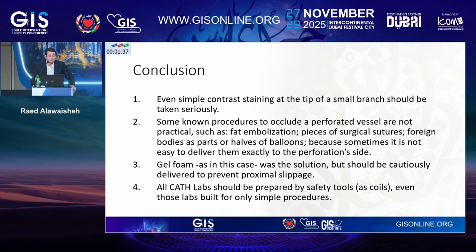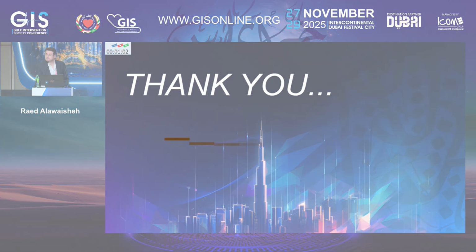So my conclusion from this case, what I learned, is that even a small branch can cause fatal problems, and a small stain should not be ignored and should be kept under close observation. Many of the techniques used to close the exit perf failed, and maybe gel foam was the last solution when you don't know exactly where the perf is. And all cath labs should have safety measures before starting any PCI, even if it is simple. Thank you.